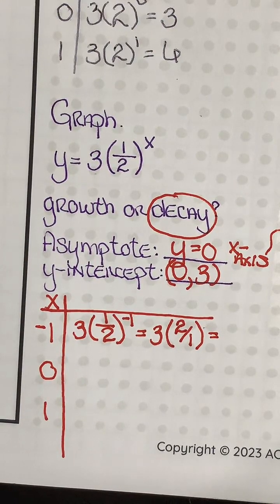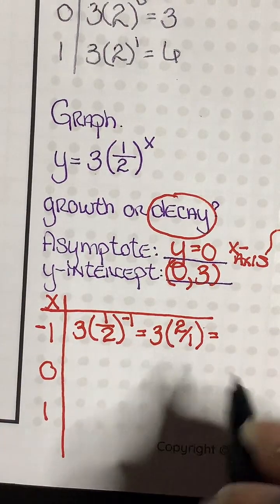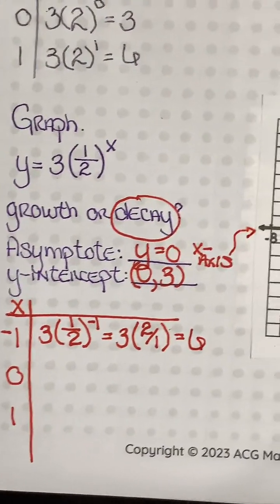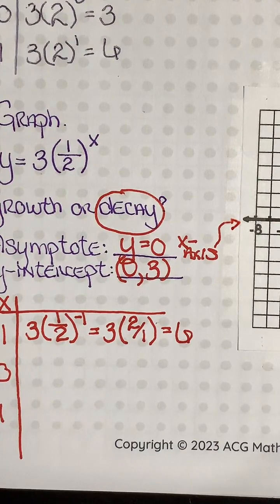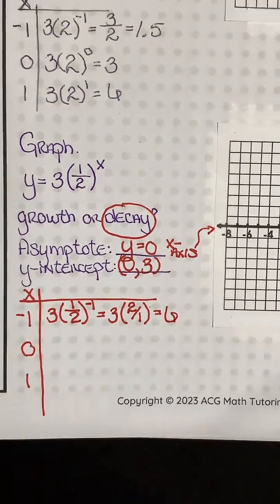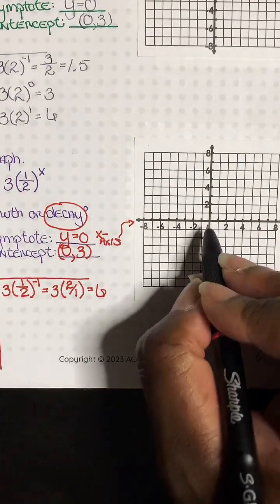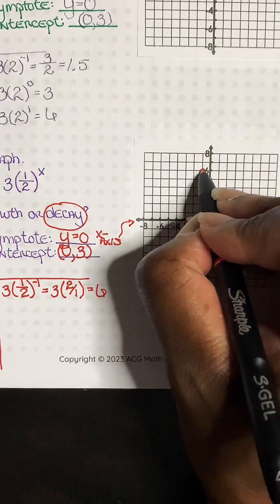Anything times 1 is itself, okay? So that's why we simply have 3 times 2, which gives us 6. Okay. So let me shrink-a-dink this. Then we have our -1, positive 6. That's going to be our first point.